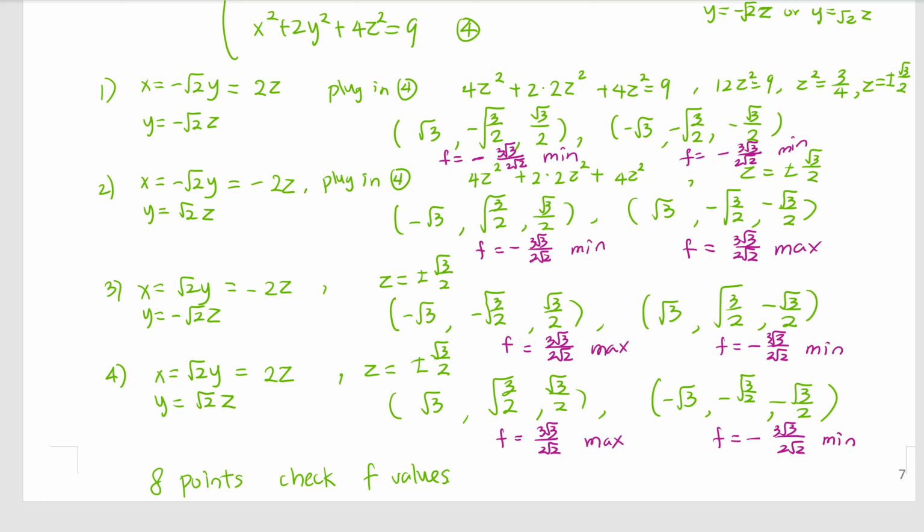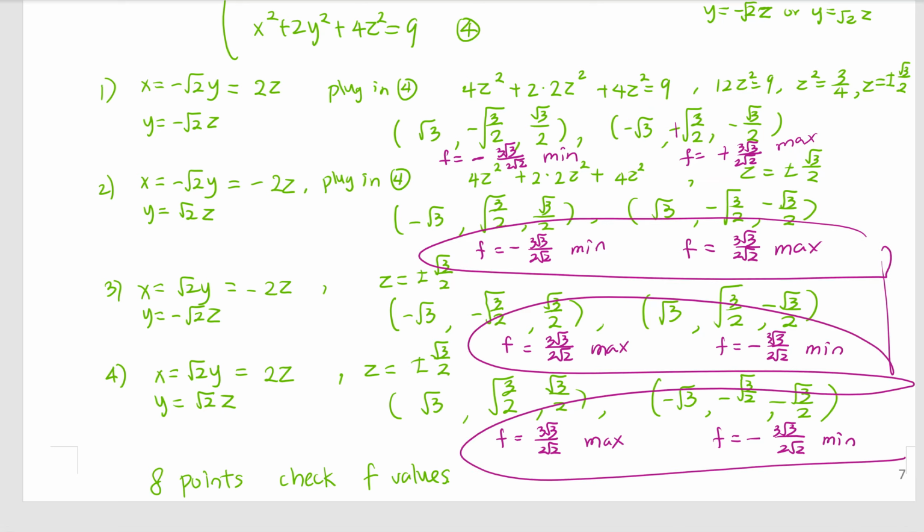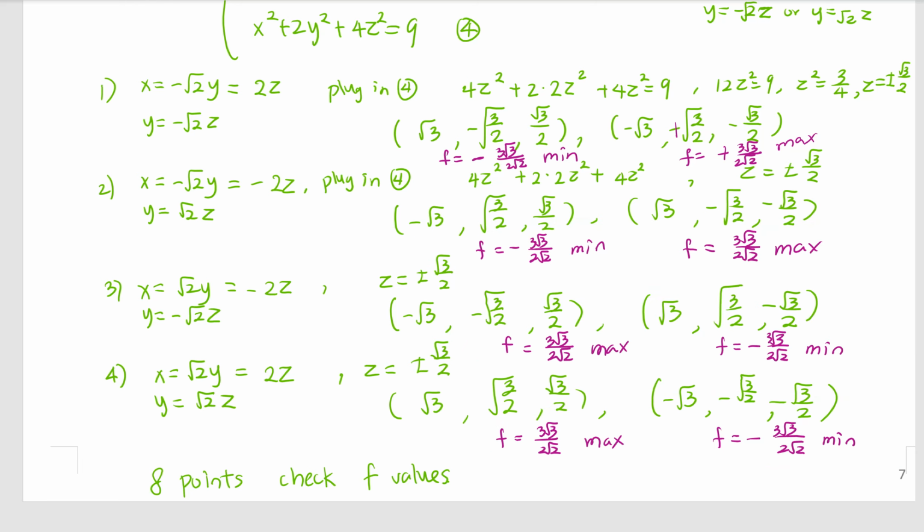Okay, I found a mistake. This guy: x is the same sign as z, but y has a different sign. So this should be positive, this should be positive, so this should be a maximum. Yeah, you can see each pair has a maximum and a minimum. So also now the first pair has a maximum and a minimum. So far so good.